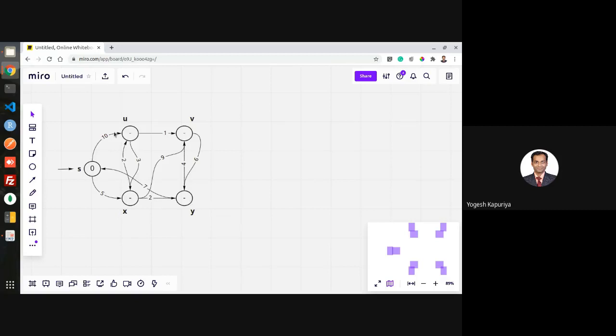assuming that these are not connected, right?